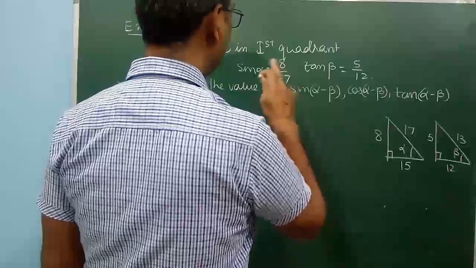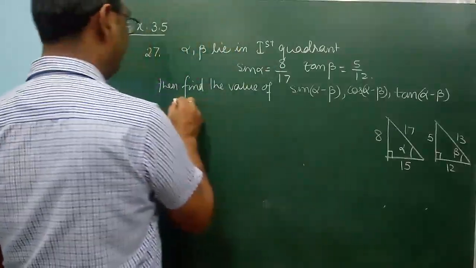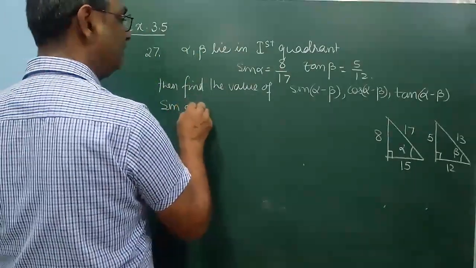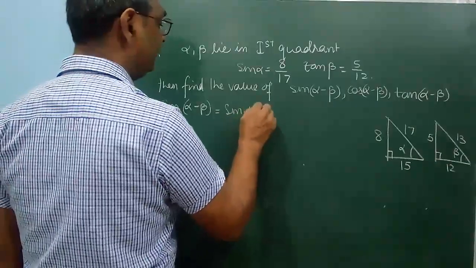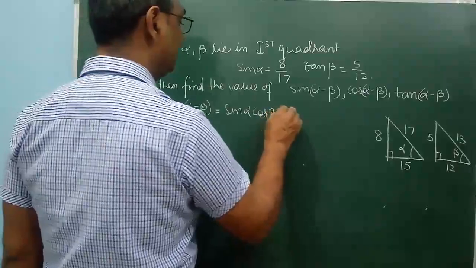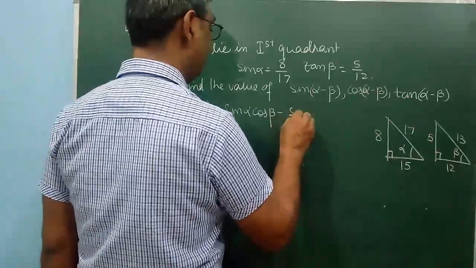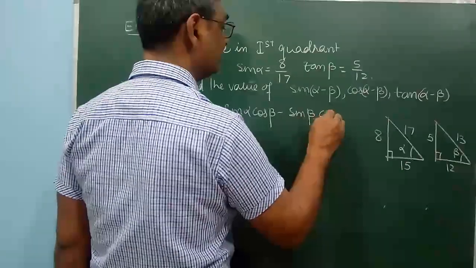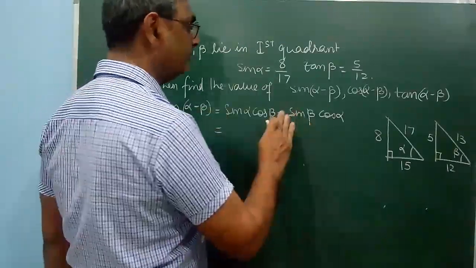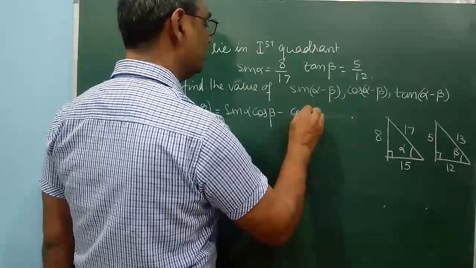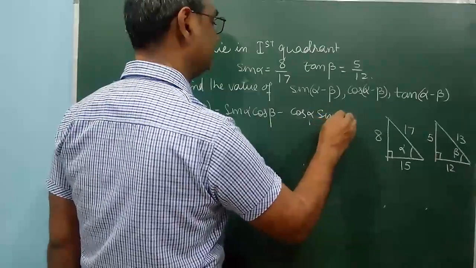Now what do we require? We require sin alpha minus beta, meaning sin alpha cos beta minus sin beta cos alpha, or you can write it as cos alpha sin beta.